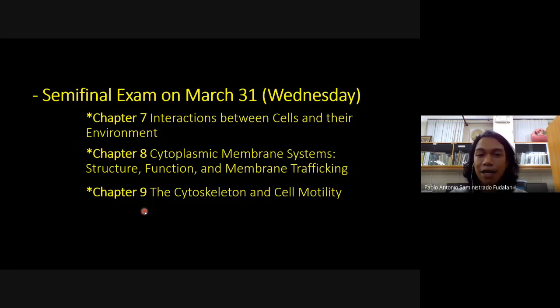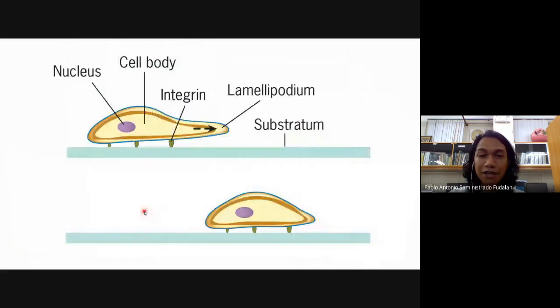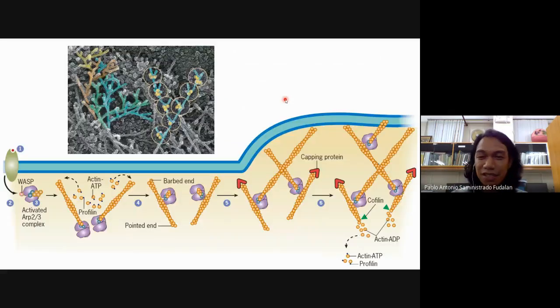Again, you can review the cell movement on your own. This topic, cell movement, is more on actin. You can see here integrins and actins that help in the sticking of the cell onto the surface, with the formation of the lamellipodium so that the cell can move. So this is the mechanism.